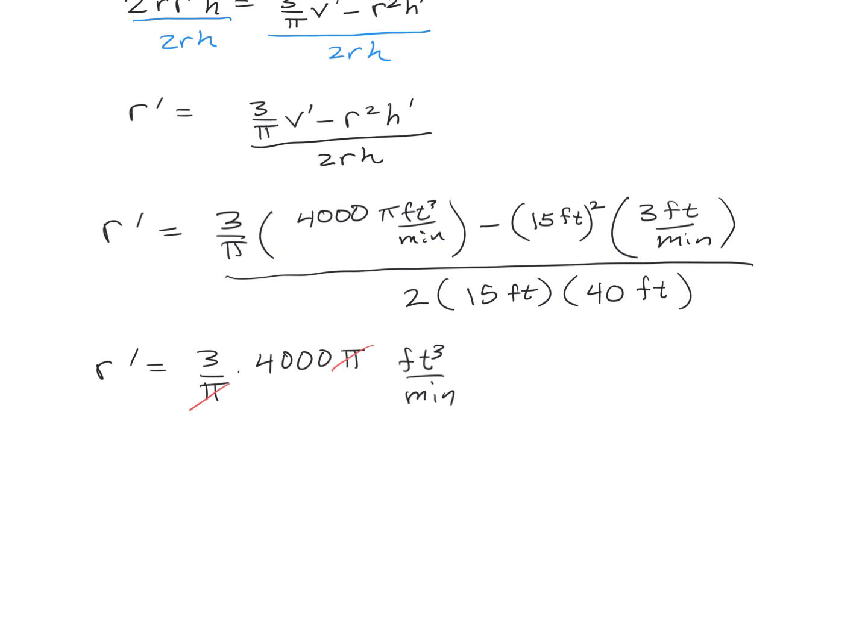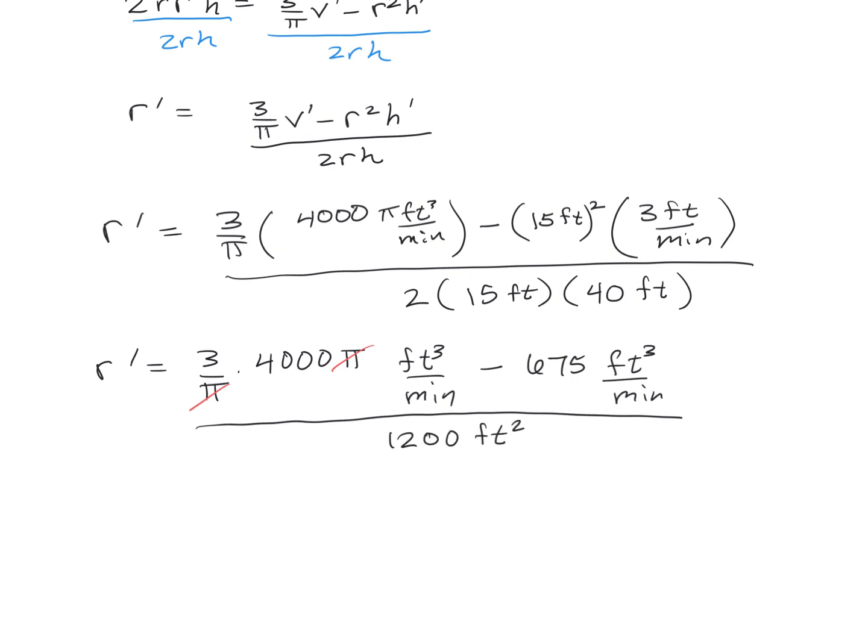Back here, when we calculate, we're going to have 15 squared times 3, which will make 675. The units on this will be cubic feet per minute as well, because we have square feet times another unit of feet. And then down below, we've got 2 times 15 times 40. That's going to be 1,200 square feet.